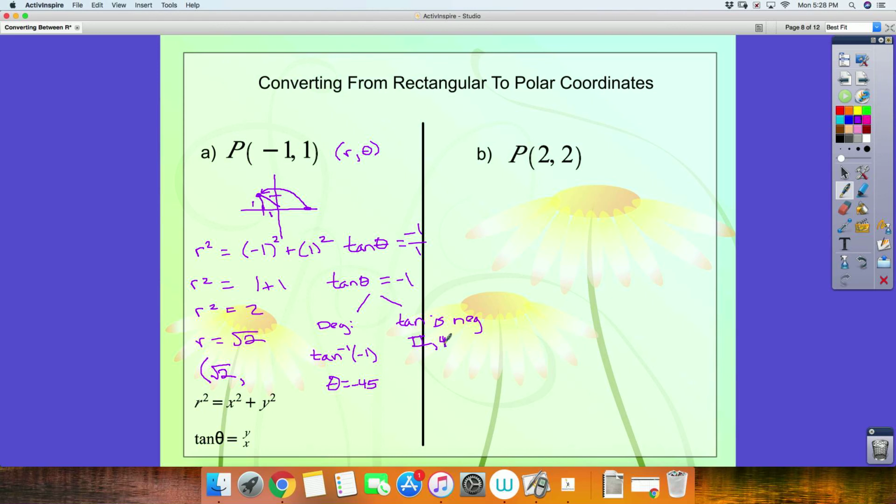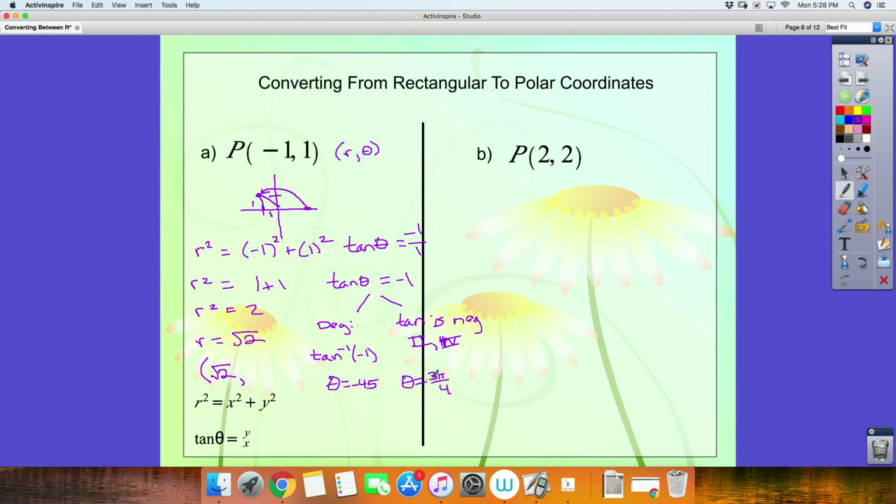So if I look in quadrant 2, I can see that it is negative at 3 pi over 4. So my theta is equal to 3 pi over 4.